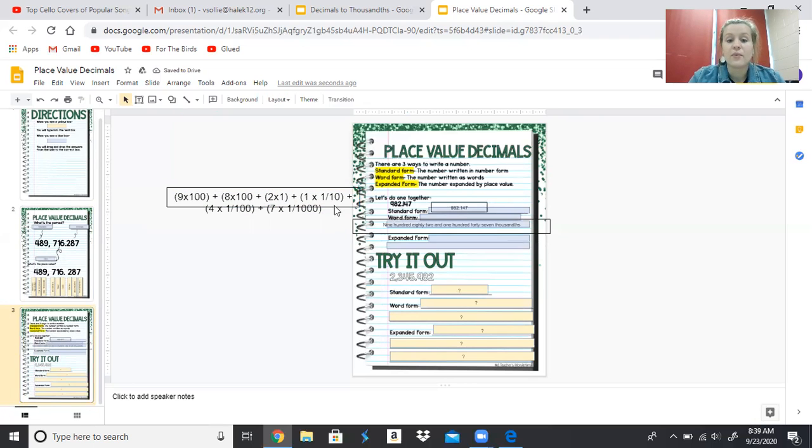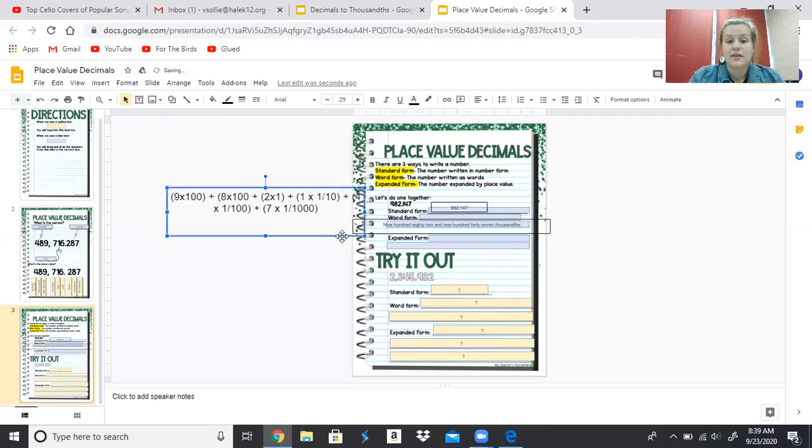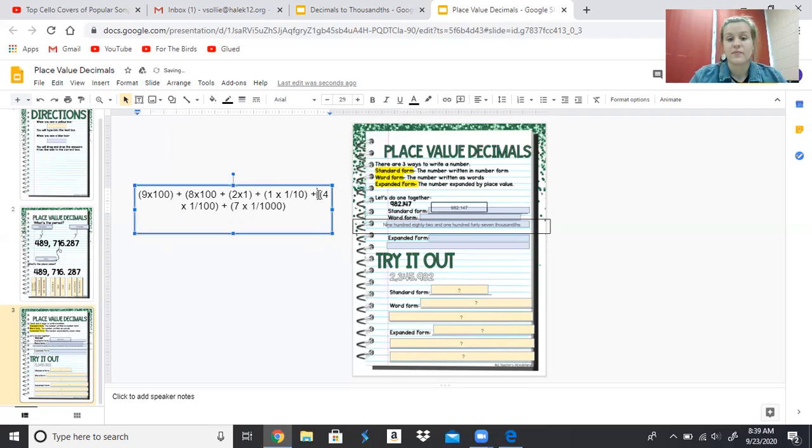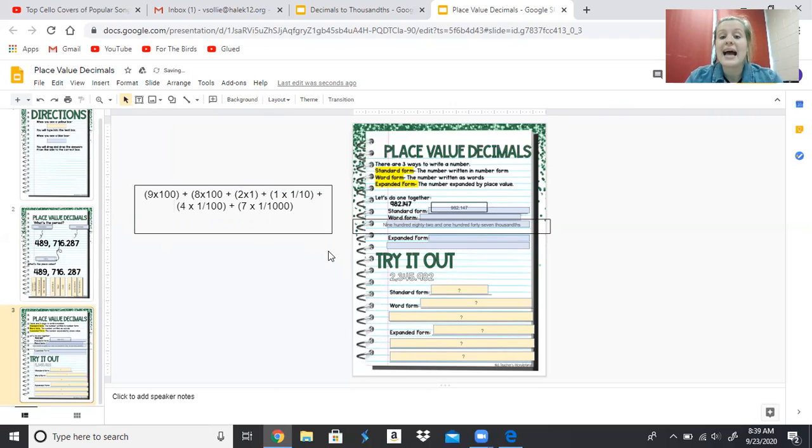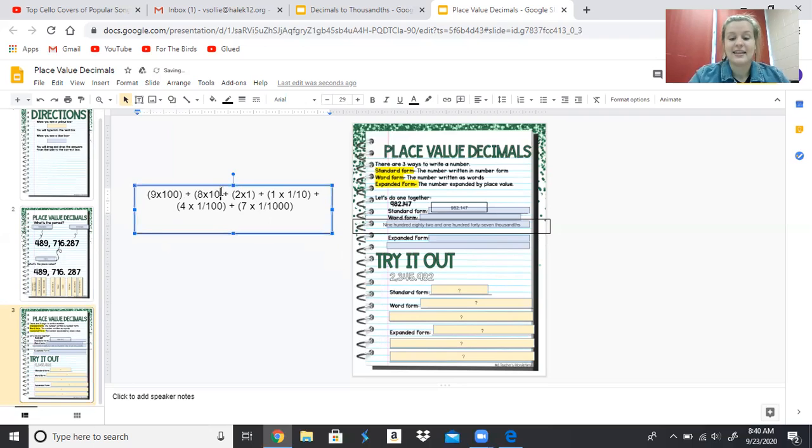Okay, so we have 9 times 100 because our 9 is in the hundreds place, plus 8 times 10 because our 8 is in the tens place, plus 2 times 1 because our 2 is in the ones place.